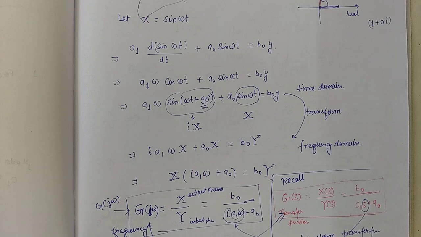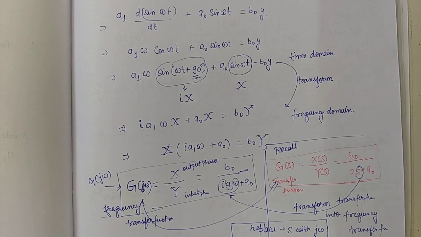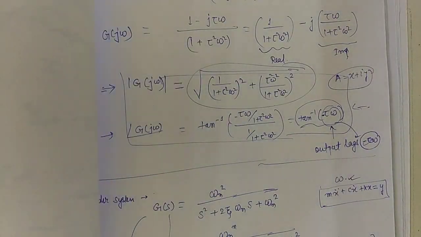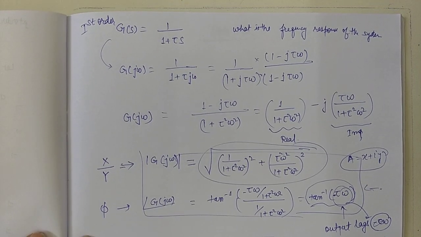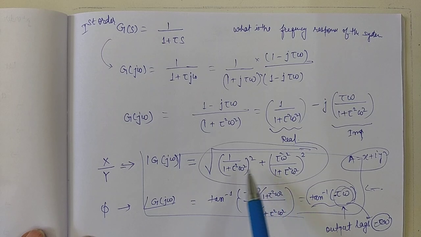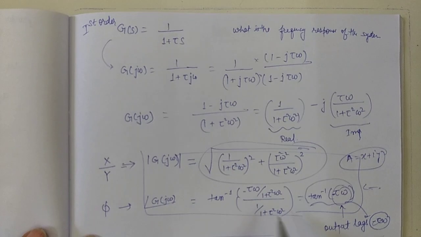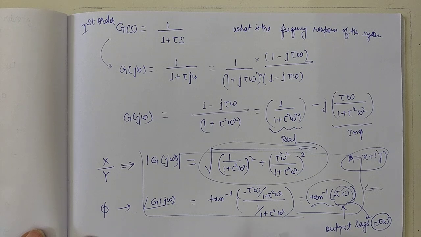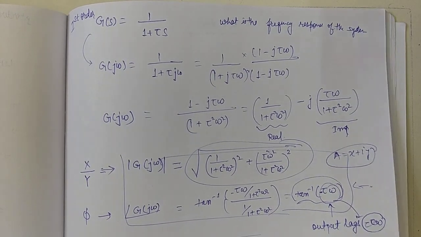Through this we have seen several systems such as first order and second order systems, and we analyzed the gain of output with respect to input, and the lead or lag between the phases of those outputs with respect to the inputs for first order and second order systems as well.